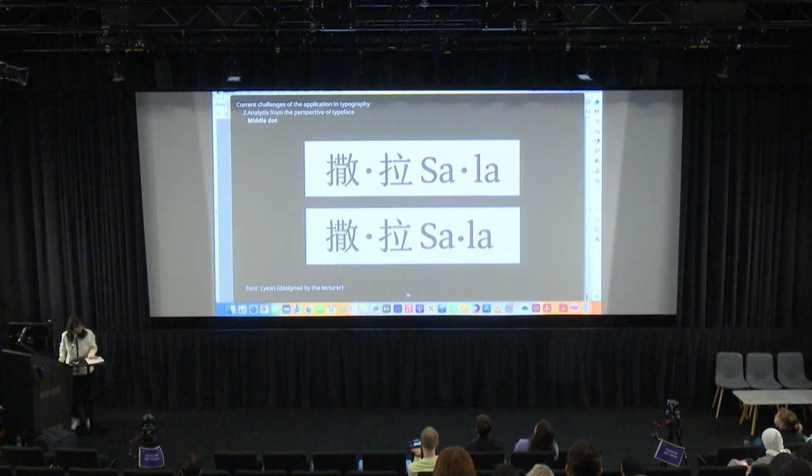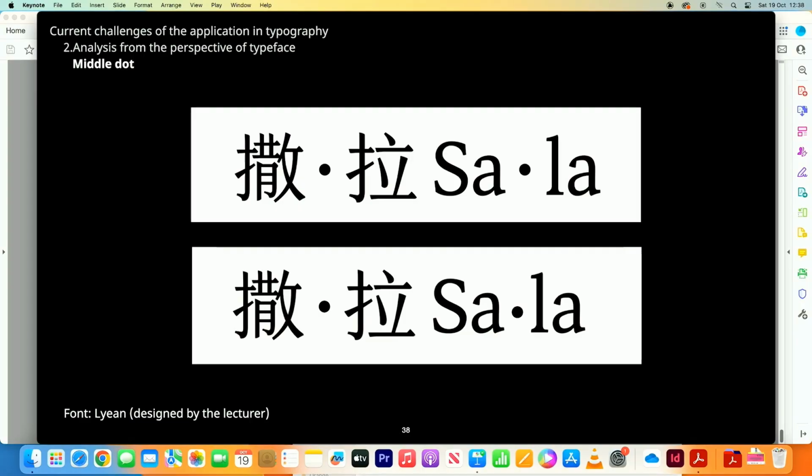And then is the middle dot. In the first image, the middle dot is half width and the position looks balanced with the Hanzi character. And then if we move the same one to Latin script, it creates more space for Latin script, and it looks slightly higher.